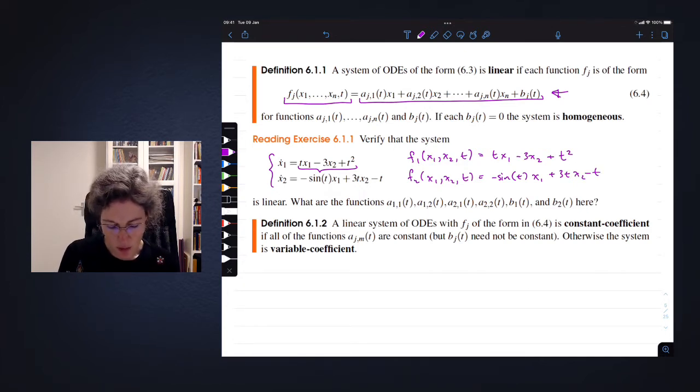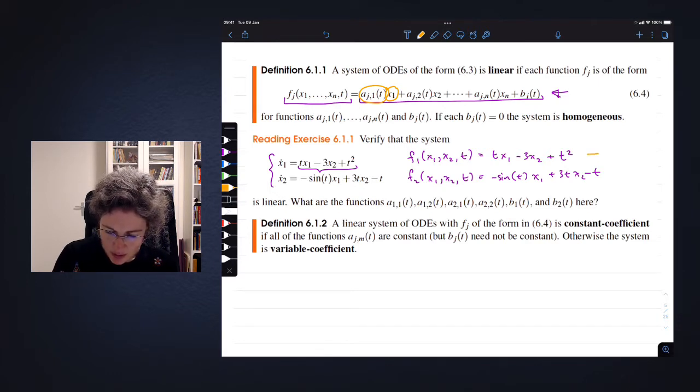And notice that in order to be linear, what we need is for the coefficient of each of our functions to be just a function of t, and for our functions themselves to only ever appear as themselves, so never squared or rooted or anything like that. So let's just do a quick check.